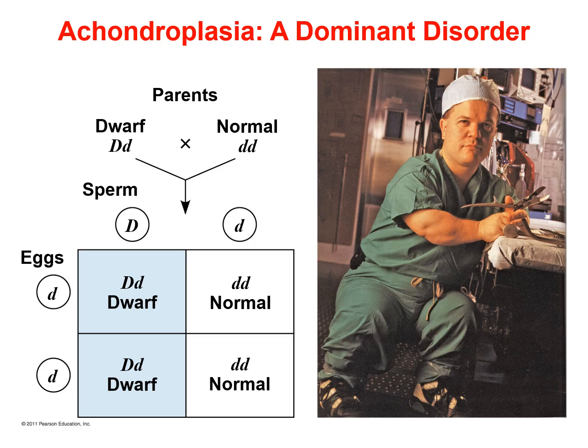Okay, so let's look at a dominant disorder first. This is called achondroplasia. This is the most common cause of dwarfism. And with our allelic key here, big D will cause the dwarfism because this is a dominant disorder, and little d means that you would be a normal height.